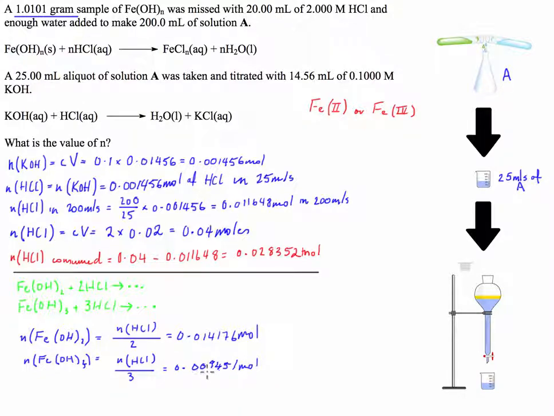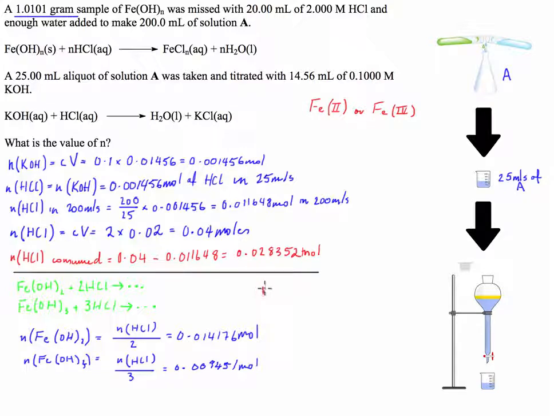So now we're going to work out the molar mass of iron hydroxide, and multiply it by each of the molar quantities. We'll start up here.